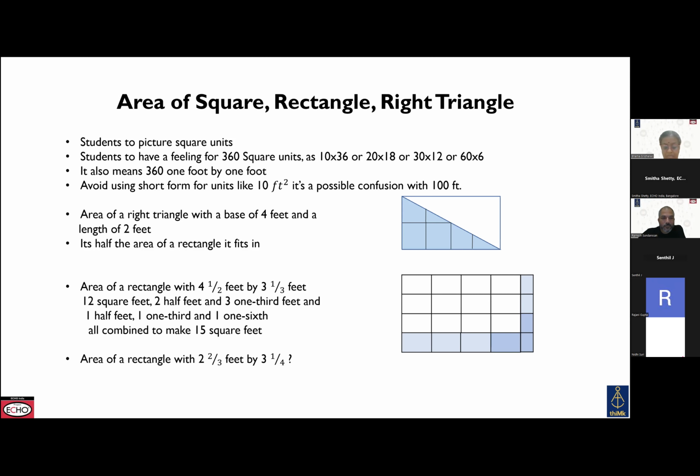You look at how many are in the length, count each one by one, and end up with 8 squares. How many different ways can it be arranged? Will the area change if it is 8 feet by 1 foot, or 16 feet by half a foot?